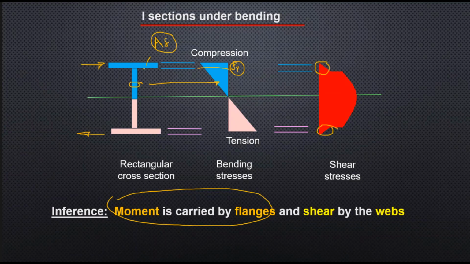So if I make an average of the shear, then I'll say the shear is taken by the web. Correct? Mind you, I'm going to make an analogy between this simple behavior and the trusses. Here we say moment is carried by the flanges and shear by the webs.